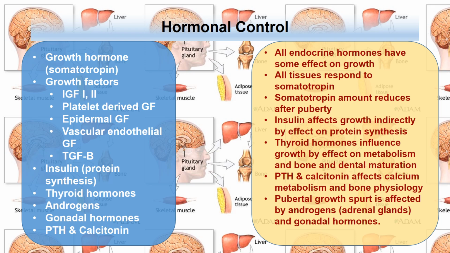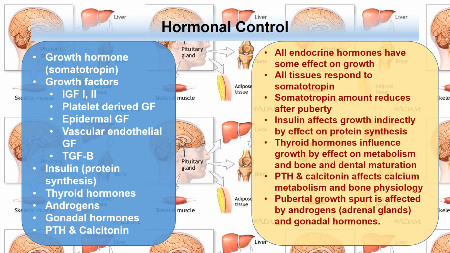Okay, now hormonal control. Growth is affected by various hormones, and in fact, you could probably say that almost all endocrine hormones have some effect on growth. The major hormone playing a role in growth is the growth hormone, also known as somatotrophin.